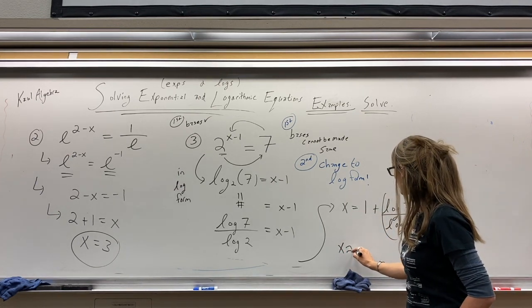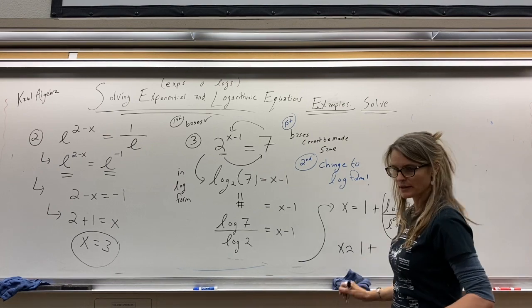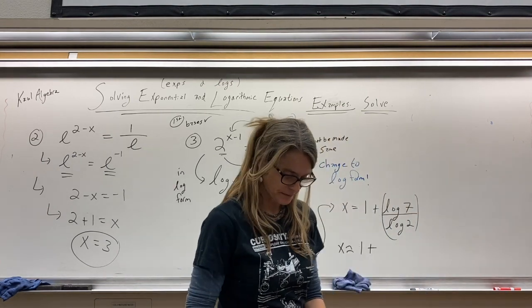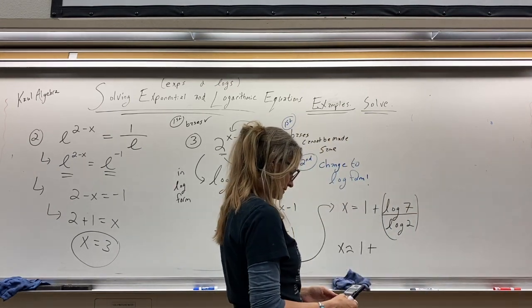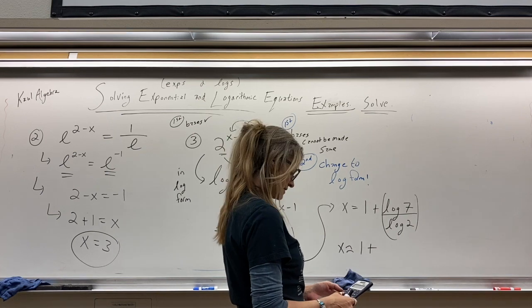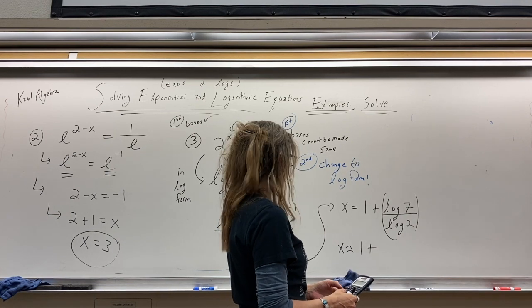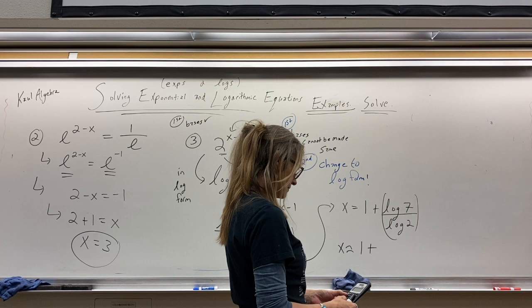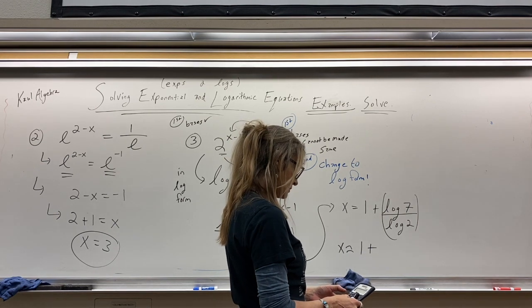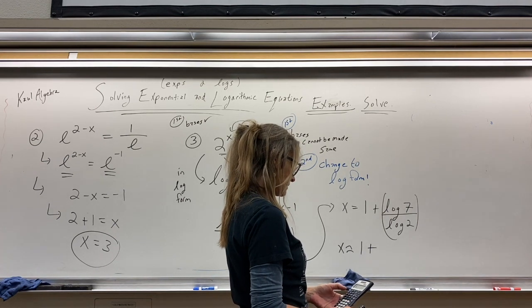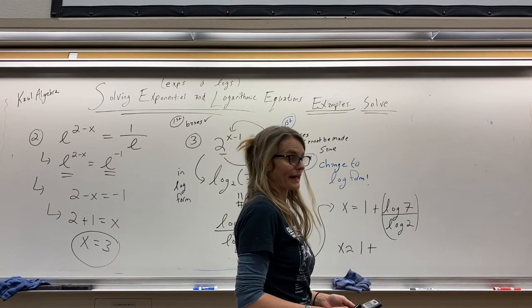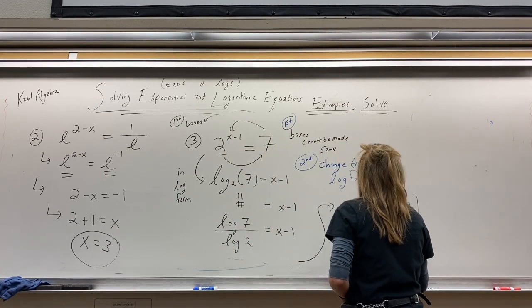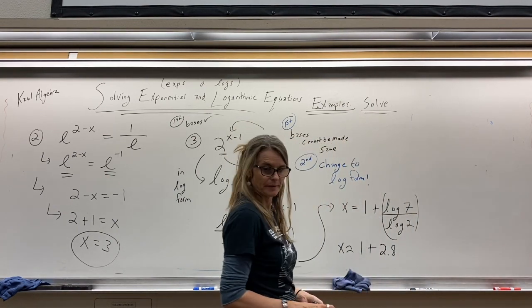However, if you want to approximate, you'd say this is 1 plus, and let's see what we have here. I'm going to say log of 7 divided by log of 2, and I get 2.8, just as we predicted, it was close to the value of 3.